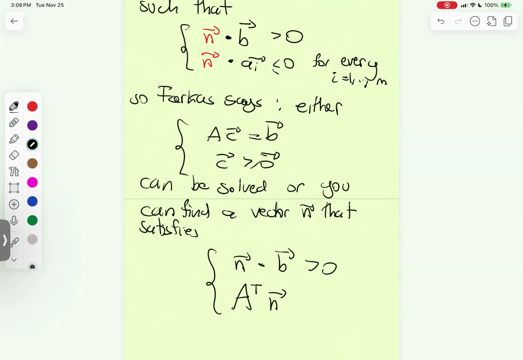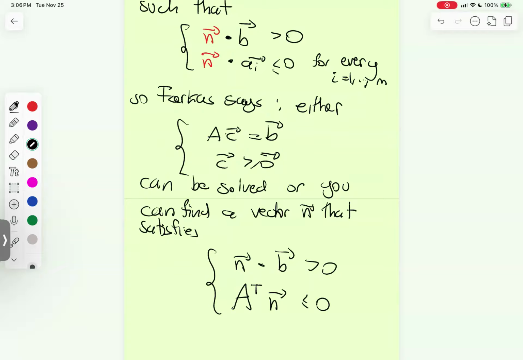If you transpose the matrix, the rows of this matrix would be the vectors A1 to Am. And so this would be the dot product between the rows and the vector n, so that has the correct size.